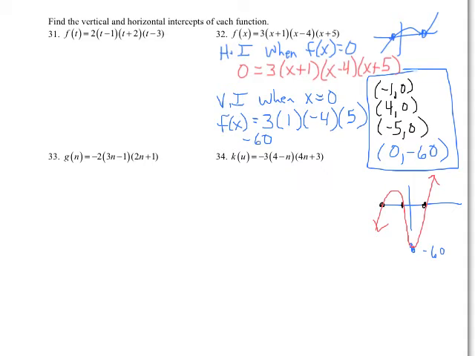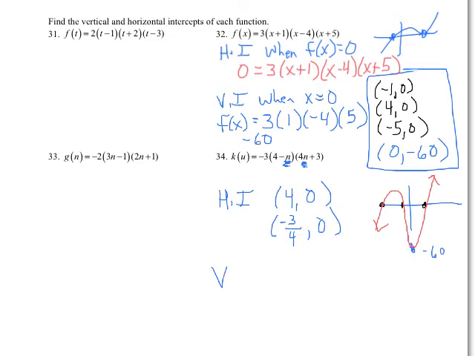We apply the same approach for number 34, and we would find that there is a horizontal intercept at 4 and one at -3/4. So horizontal intercepts at (4, 0) and (-3/4, 0).